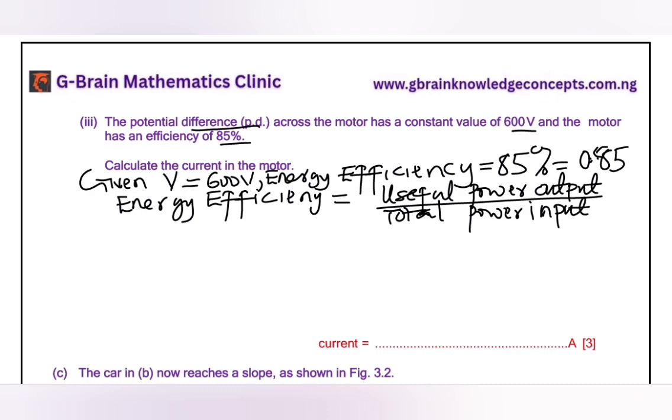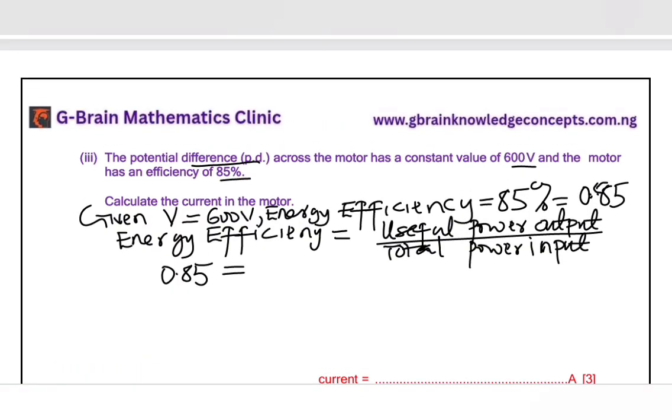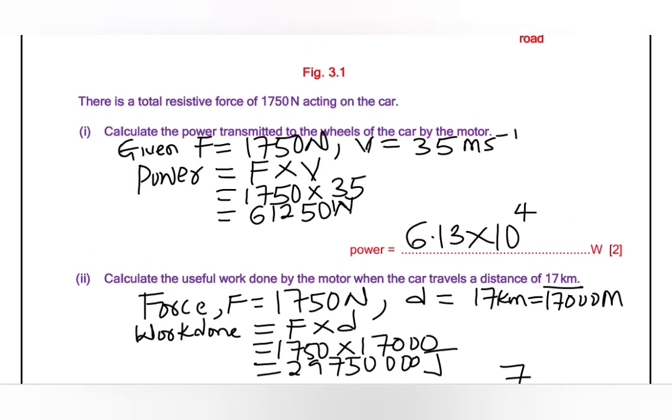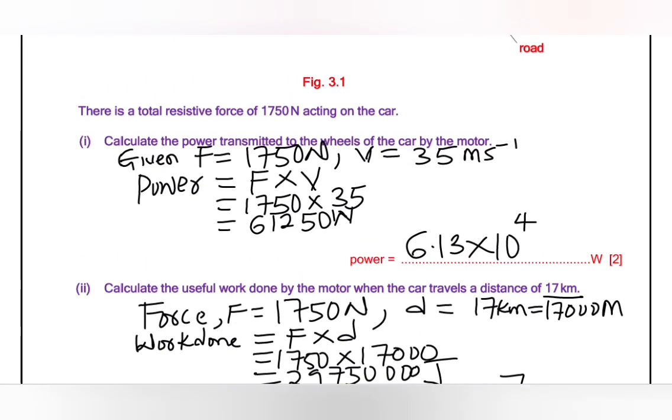Now, substituting, we have 0.85 equals useful power output. And the useful power output is what we have calculated before, the power, which is 61,250 watts.